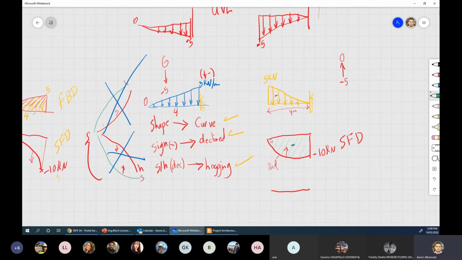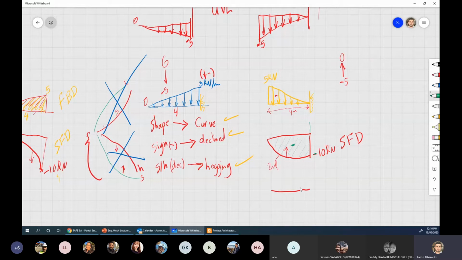Look at it, it's all under. We draw this under the beam on the negative side, right? And the maximum value we got here is negative. Do you remember what we said? This is a decline, so that means going from 0 down. So the overall sign here is negative. That means, again, this will give me a declined curve.